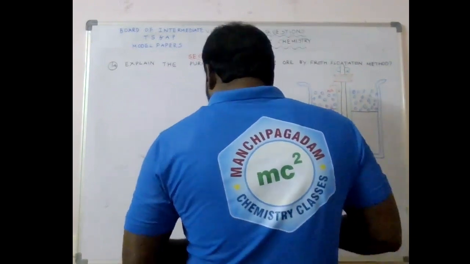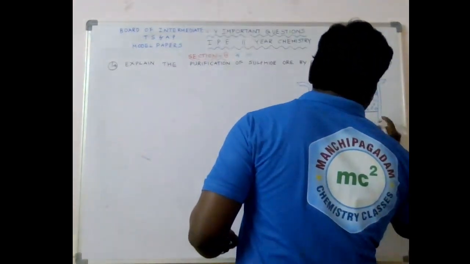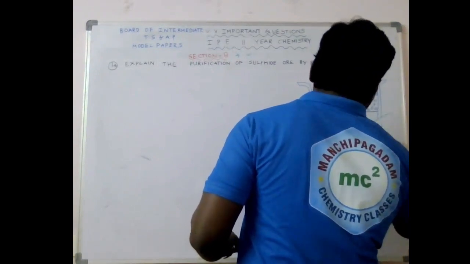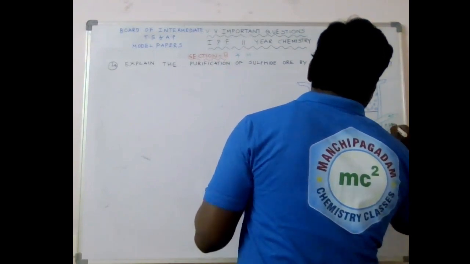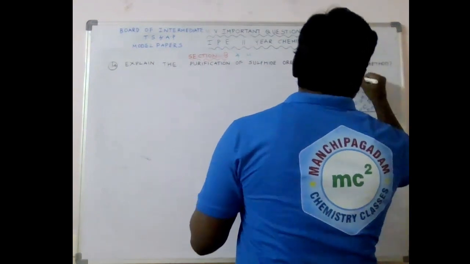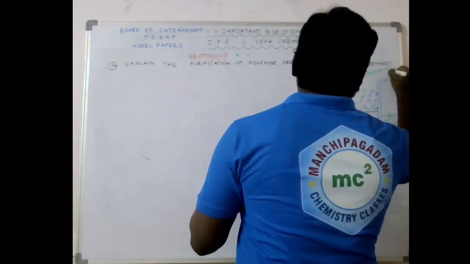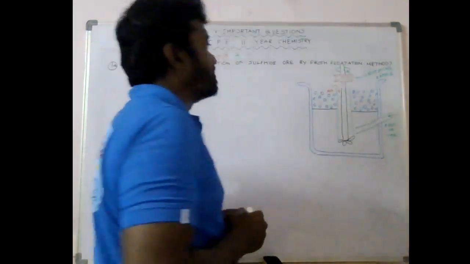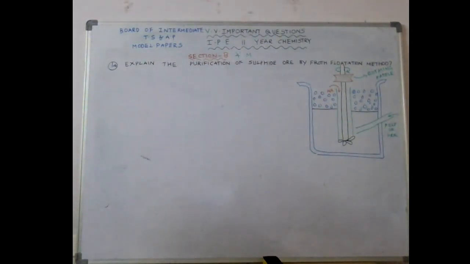We can send some air through this. Here we are sending the pulp of ore. This one is what? Rotating paddle. Why are we using the rotating paddle? Just to agitate that mixture, that suspension.